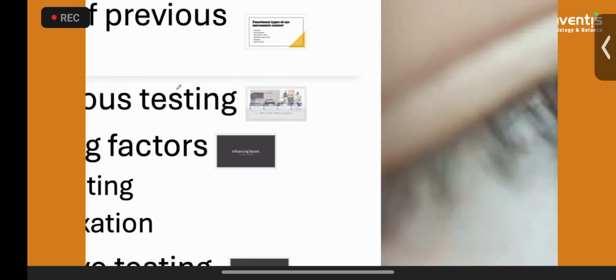The patient is fixating on the target, the object of regard, and you can see the visor on, that is the lid is on, and you can see me in the background. This is without fixation, spontaneous nystagmus testing in dark. This is spontaneous testing in dark, where the patient is completely cut off from the visual stimulus.